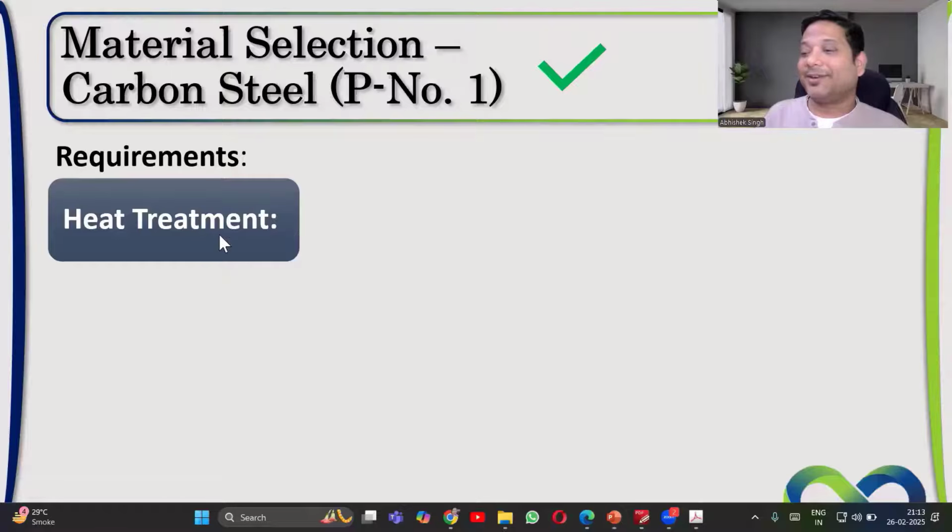So what is the requirement for heat treatment? Is there any requirement for heat treatment when you're using carbon steel? Does the material need to be heat treated? The answer is yes. We are not talking about PWHT now. It's the material condition when you are purchasing the base material. What type of heat treatment will you be doing for carbon steel?